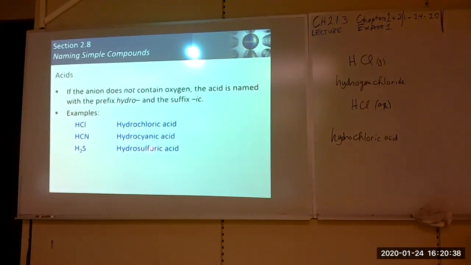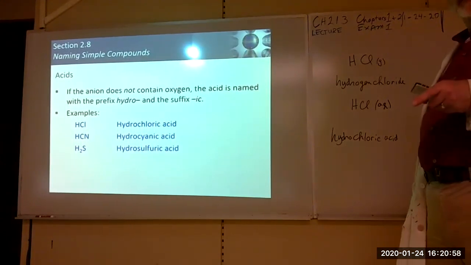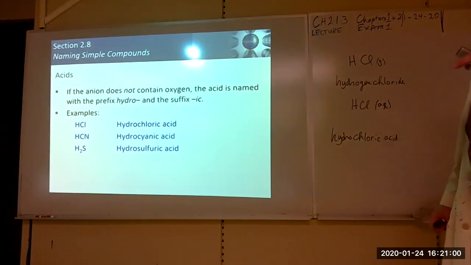Hydrosulfuric acid: the ending here changes just a little bit. Rather than sulfic, it just didn't flow, so we'll say sulfuric. So hydrosulfuric is H2S, dissolved in water. If it's not dissolved in water, then you get white sulfur springs, stinky water, hydrogen sulfide.